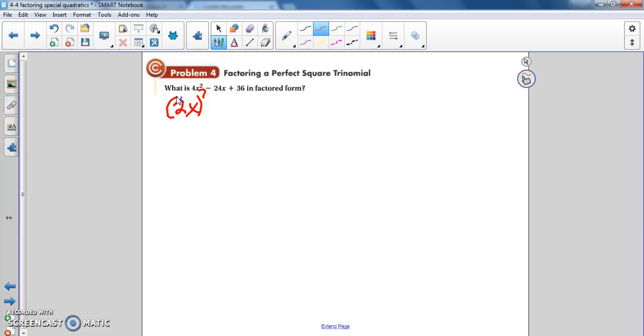Then look at c. Is the last term a perfect square? Yes. 36 is the same thing as 6 squared. So we're going to put those two as a binomial. It is going to be 2x minus 6 squared.